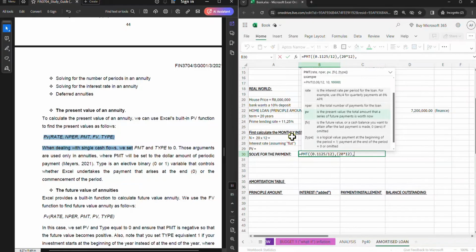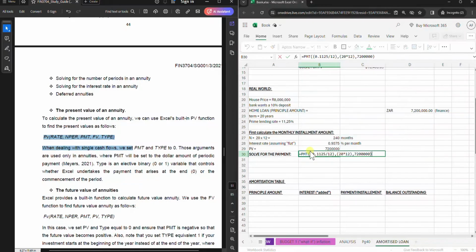Because I'm amortizing the loan, I'm getting money initially, so I'm going to put this as a positive, 7.2 million. We're going to assume this is a normal annuity, so we pay the installments at the end of the month, not at the beginning of the month. Does that make sense? Yes. So we're not going to change the setting. Perfect. Well done. You got the correct answer.